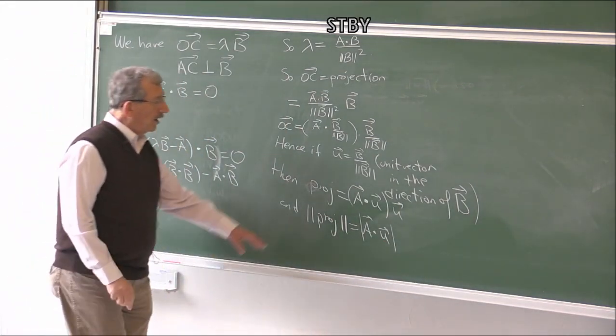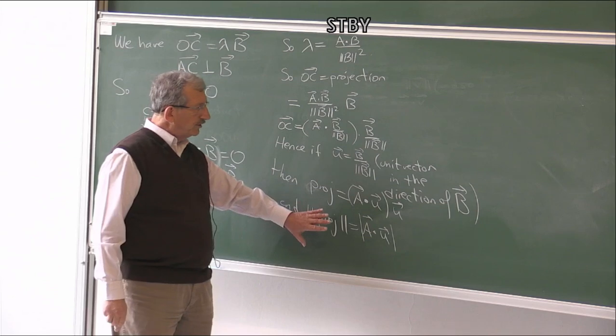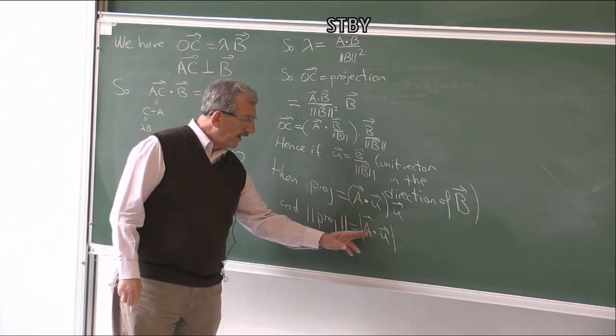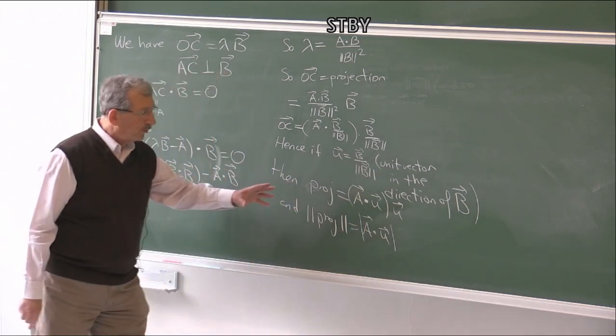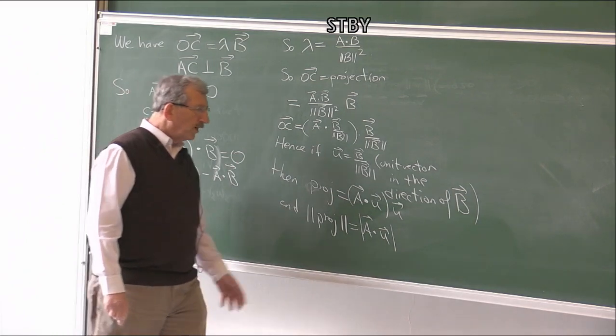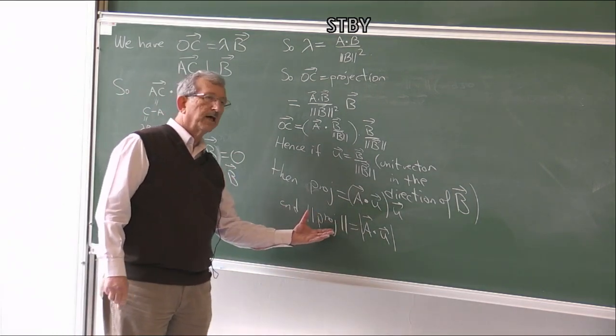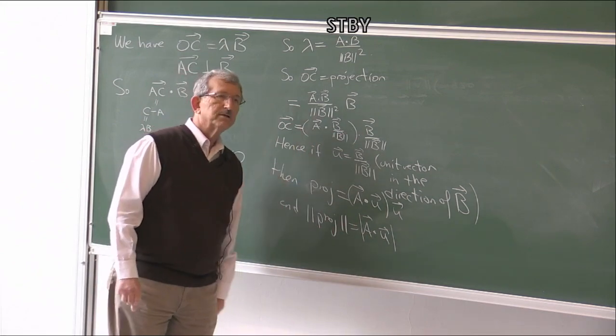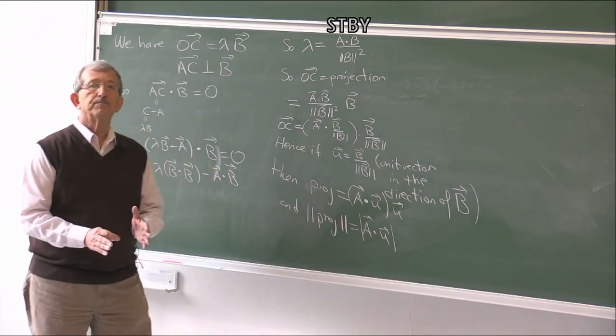So, the length of the projection is the value of the dot product where we calculate A dot U, and the dot product gives us the length of the projection, basically, and B determines the direction.